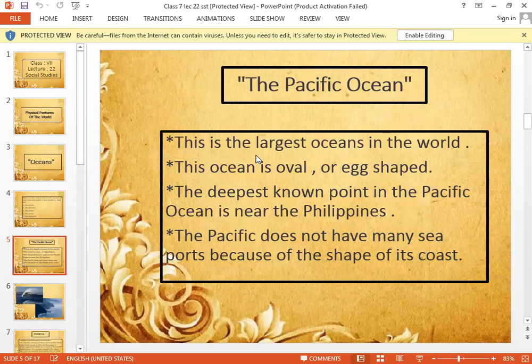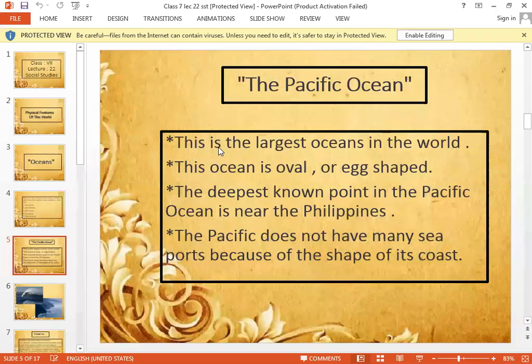And first of all we are going to discuss the importance of this ocean. This is a major contributor to the world economy and particularly to those nations its water directly touches. It provides low cost sea transportation between east and the west.